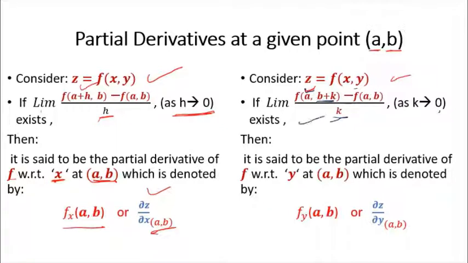There is no change in x, so x equal to a will remain as it is, and the change is in the y place, that is k. If this limit exists, then it is said to be the partial derivative of f with respect to y at the point a comma b, and it is denoted by fy of a comma b, or you will write it as dou z by dou y.